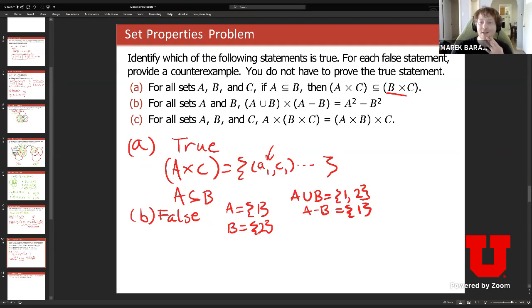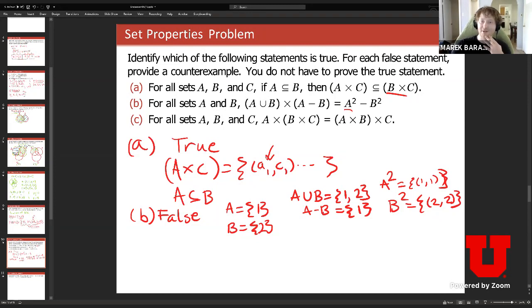And we have A squared, that's equal to {(1, 1)}, and B squared is equal to the set with the pair (2, 2) in it.